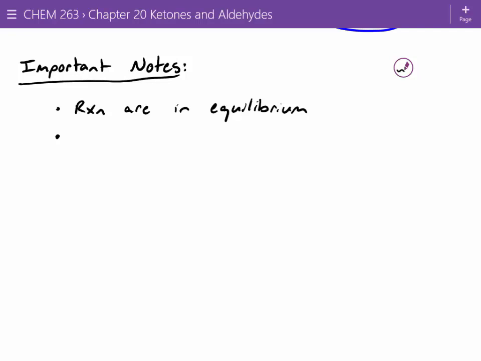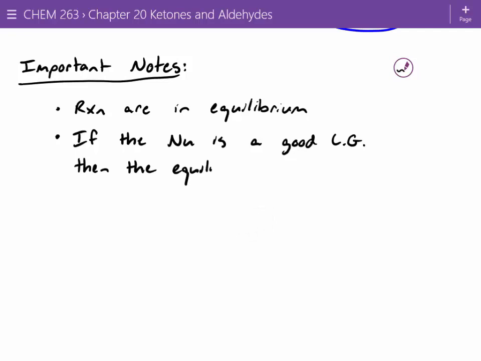The next one is if the nucleophile is a good leaving group, the equilibrium often favors the starting material side.